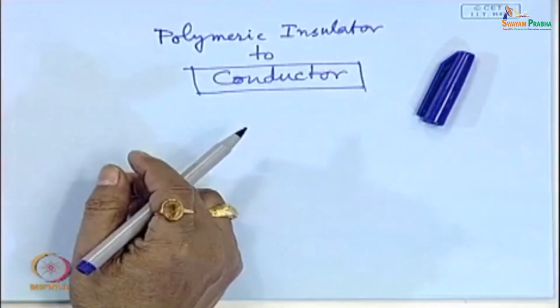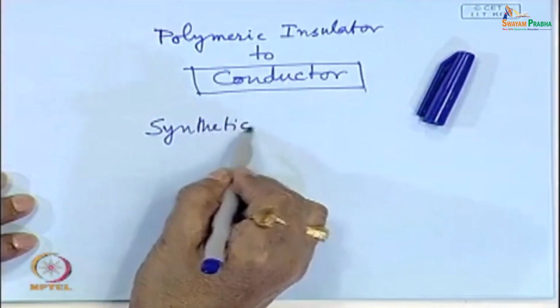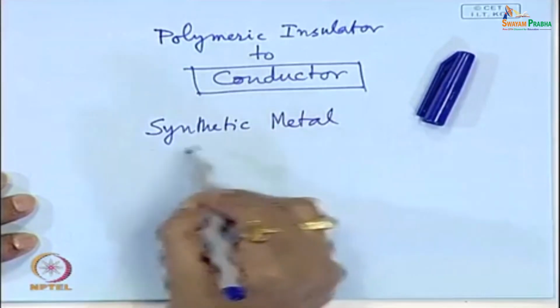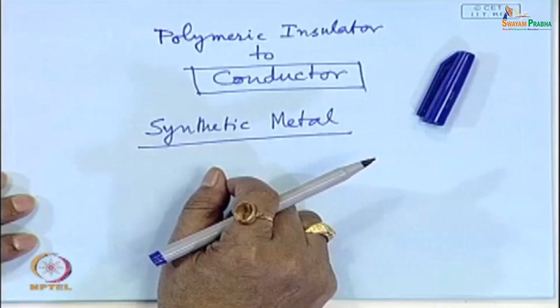Now, you see, if you find some free electron available, it is a very fundamental concept. In metals, there are free electrons, that is why they are conducting. So, if we can make some electrons remain free in polymer molecules, it can also conduct electricity, it is supposed to conduct electricity, and that we can call synthetic metal.